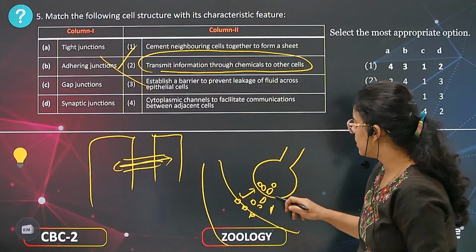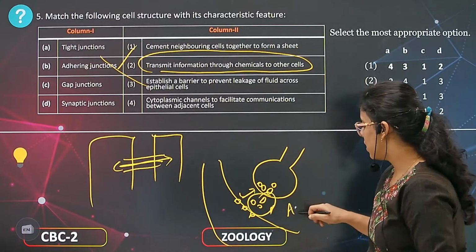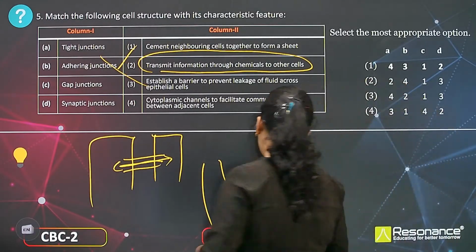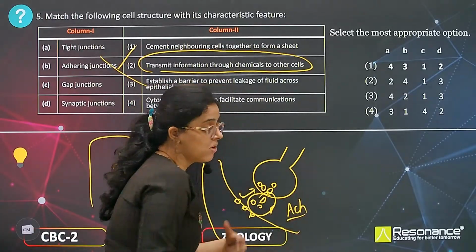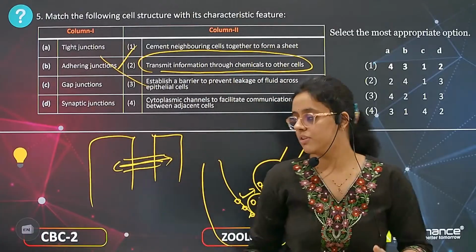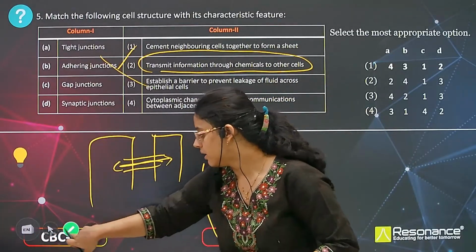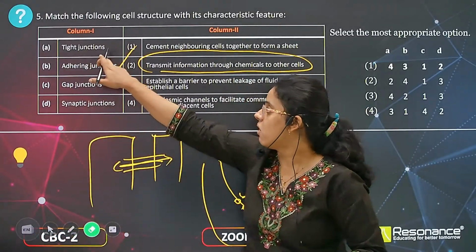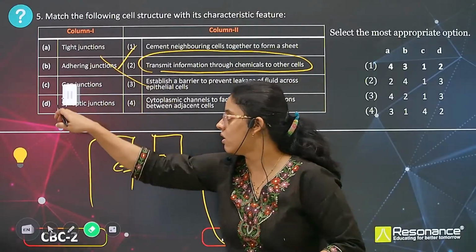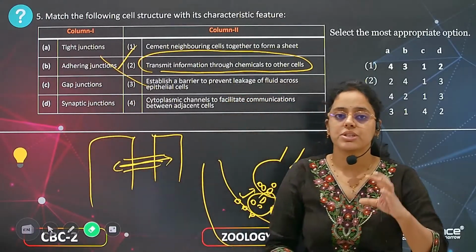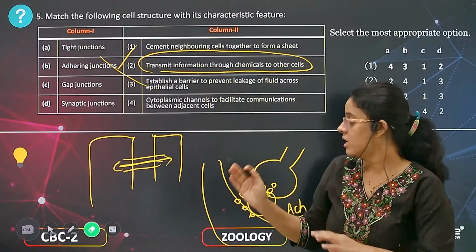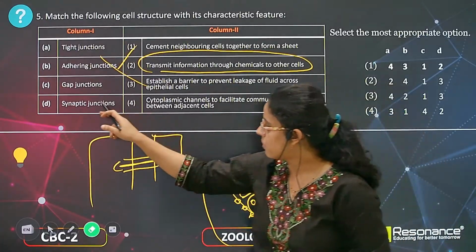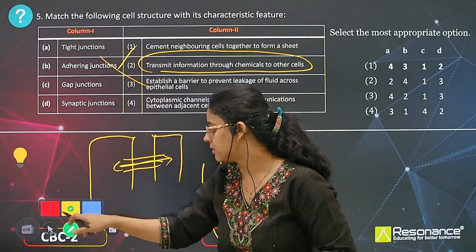So the chemical here is acetylcholine, ACh, adrenaline, noradrenaline, epinephrine or norepinephrine. These are all the chemicals. You must have guessed about these three junctions, but you might not have guessed about the synaptic junction. This is basically communication, transmission of chemicals from one structure to another structure. This we are going to learn in nerves.